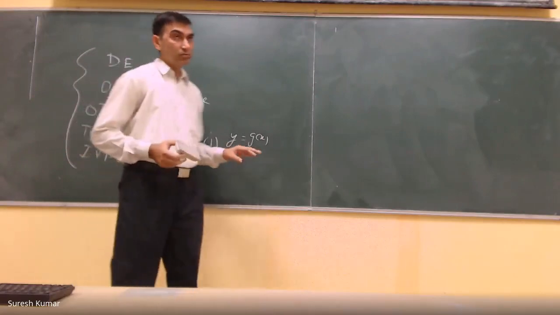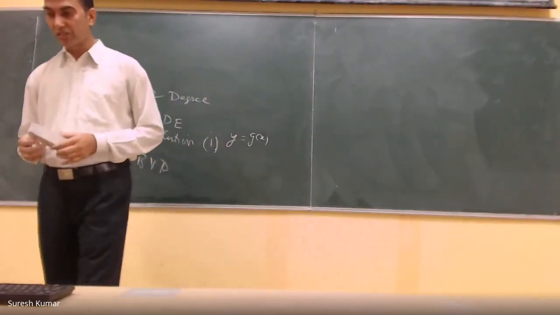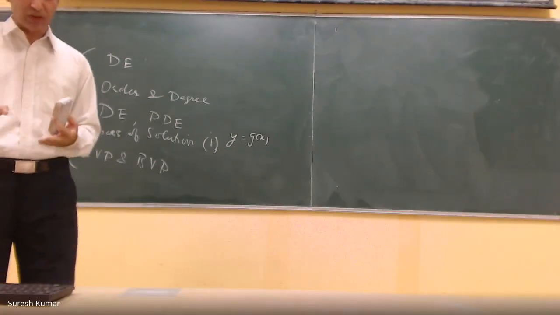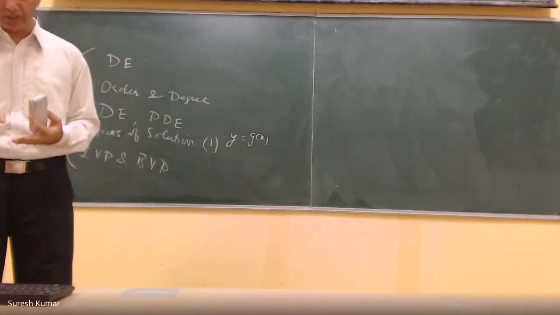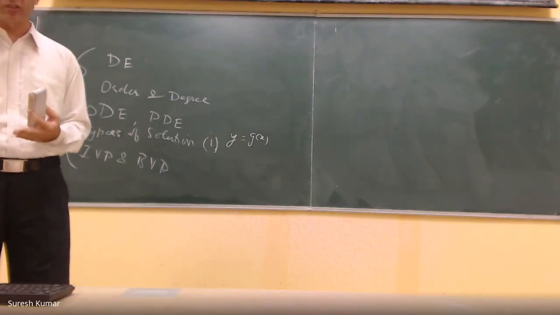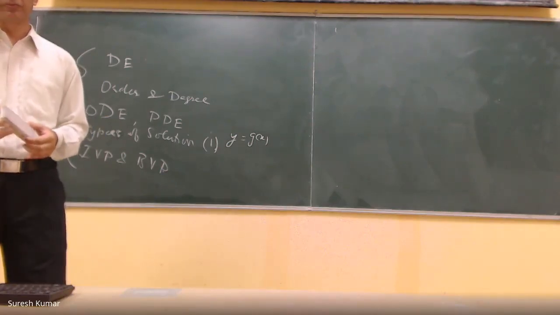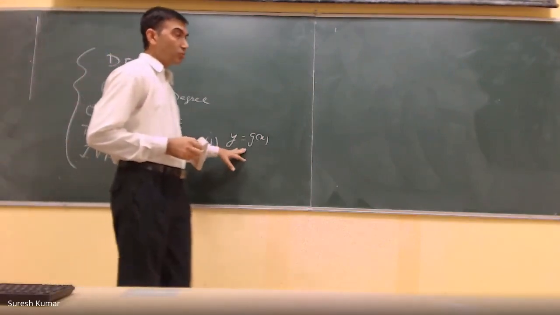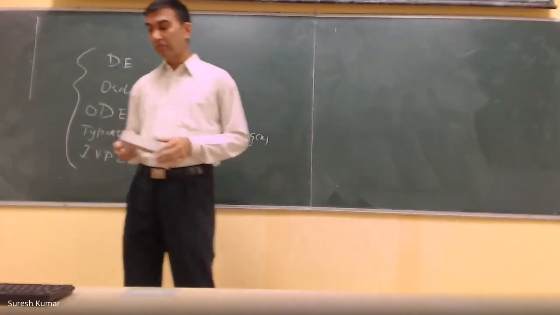Then general solution, very important. What's the general solution of a differential equation? A solution that carries a number of arbitrary constants equal to the order of the differential equation. A particular solution is a solution obtained by giving particular values to the arbitrary constants.